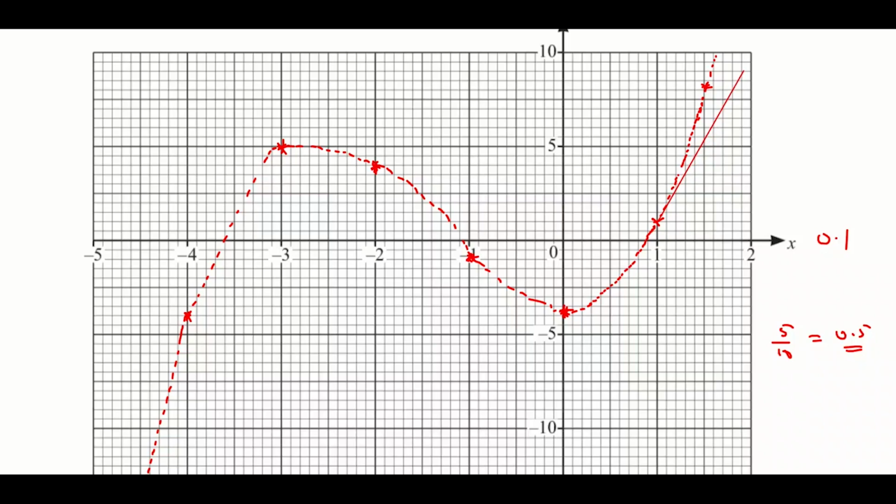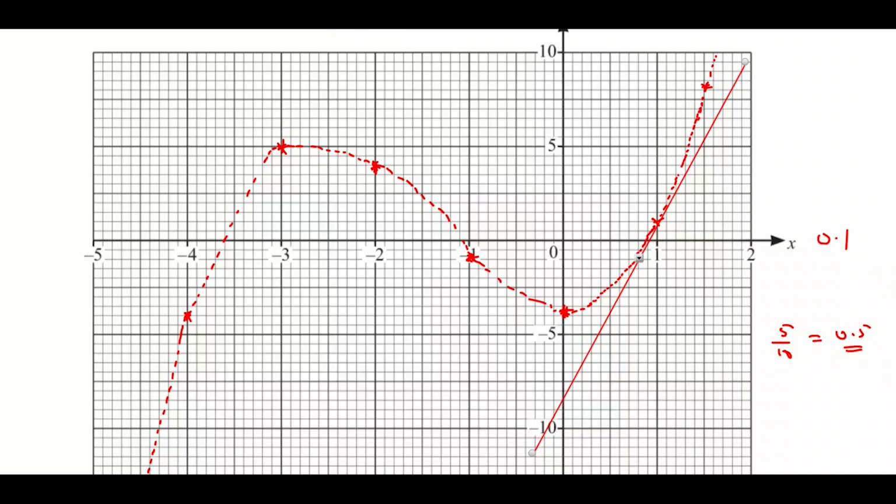You can draw something like this, very close. Then I need to extend my line here. So it touches the curve at a point, that is at x equals 1, y equals 1. You can extend this like this. So let's test this one here. I think I'm okay with this.